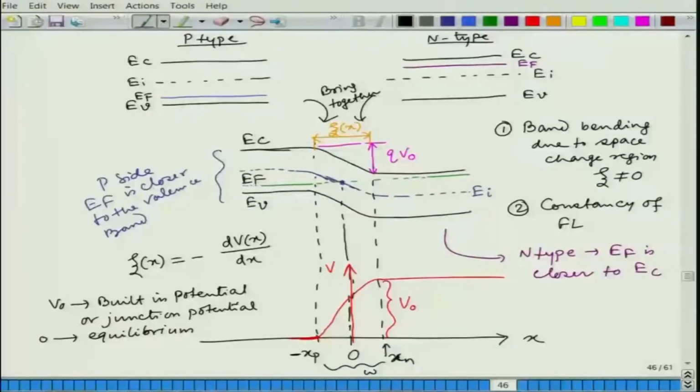What we are doing? We have taken two equilibrium materials, one is p type, another one is n type, and we just brought them together. So, no equilibrium condition is getting violated. So, it is still under equilibrium, but the junction itself creates a potential barrier, and that is the built in potential or junction potential. Okay.